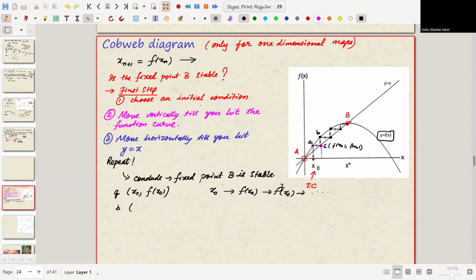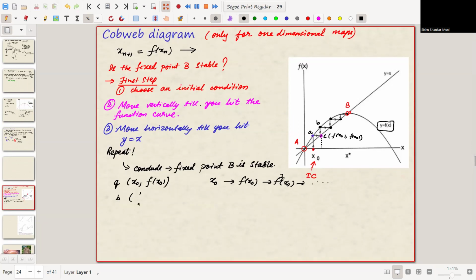Can you understand why this is f of x naught, comma f of x naught? Both of the coordinates should be the same. So in that sense, since this length is f of x naught, this length is f of x naught, comma f of x naught. Okay with you? I urge you to find the coordinates of point B.